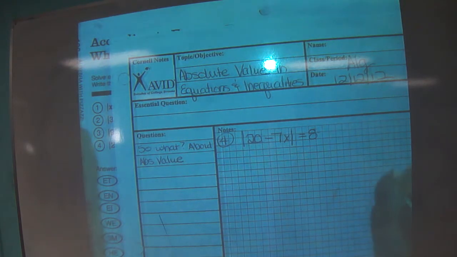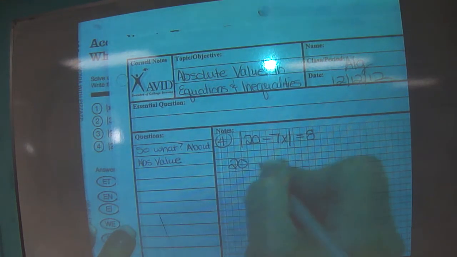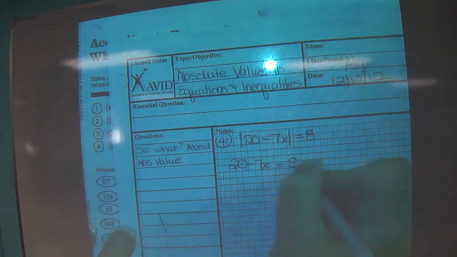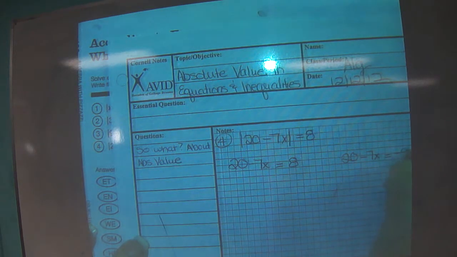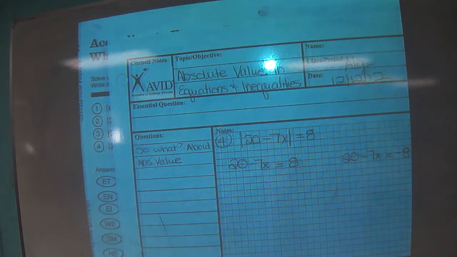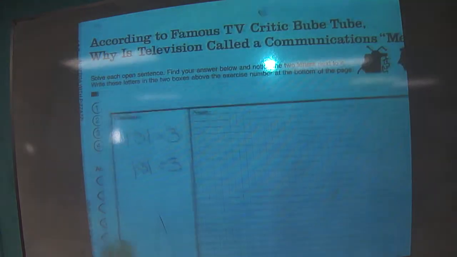When you pull it out of the absolute value, watch. 20 minus 7x equals 8, or 20 minus 7x equals negative 8. Because it could be either, couldn't it? Use the same guideline we just saw.